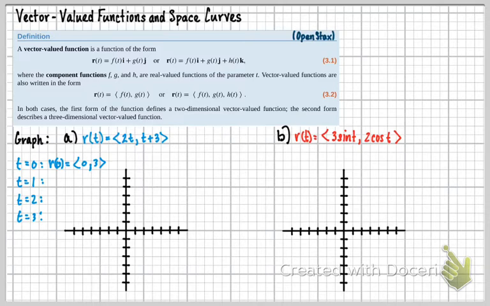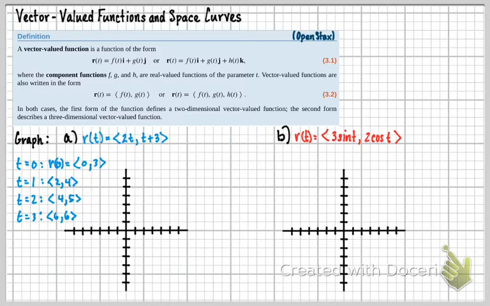Then where t equals 1, I'm going to get <2, 4>. Where t equals 2, that's going to be <4, 5>. And for t equals 3, that's going to be <6, 6>. Okay, so now we have some vectors to graph, and we're just going to graph those now.